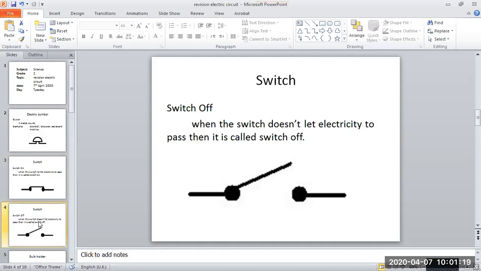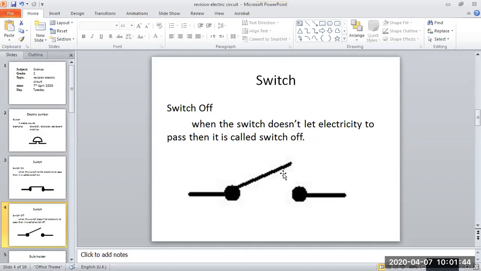And next, this is switch off. What is switch off? When the switch doesn't let the electricity pass, then it is called switch off, and it is not connected. Here there is some gap between these two terminals. When it is here, then switch on. Now it is in the position of switch off.